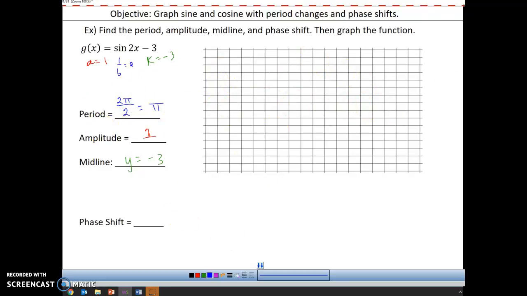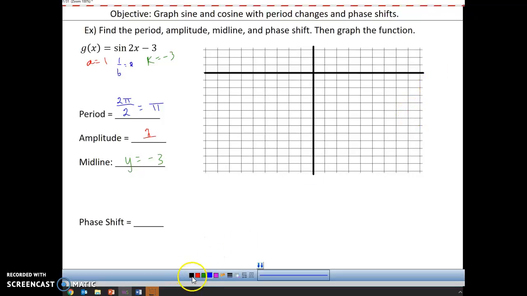So what you're going to do, we'll make an x-axis. Since we're going to shift down, I'll put my x-axis up rather high, and then I have my y-axis. I can put it down the middle there.